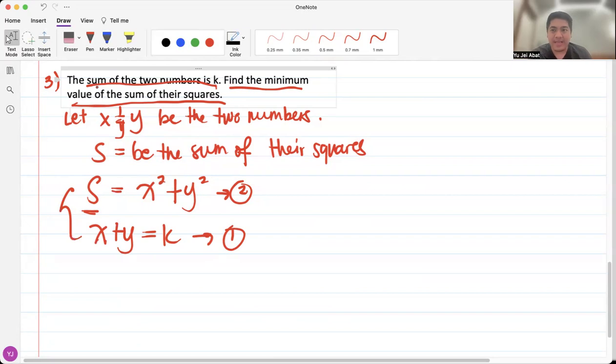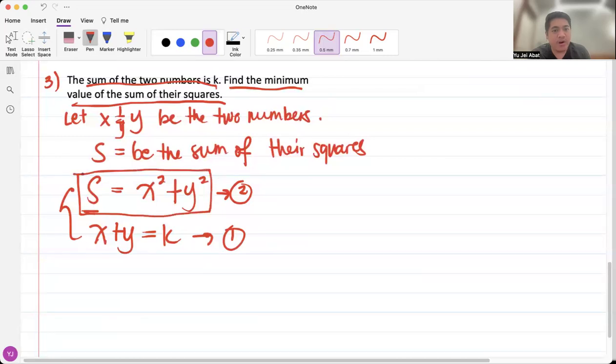To simplify things, because we are going to differentiate, since we are finding the minimum, we must express s in terms of x. That way, when we differentiate s with respect to x, we will not have any problem with y squared.